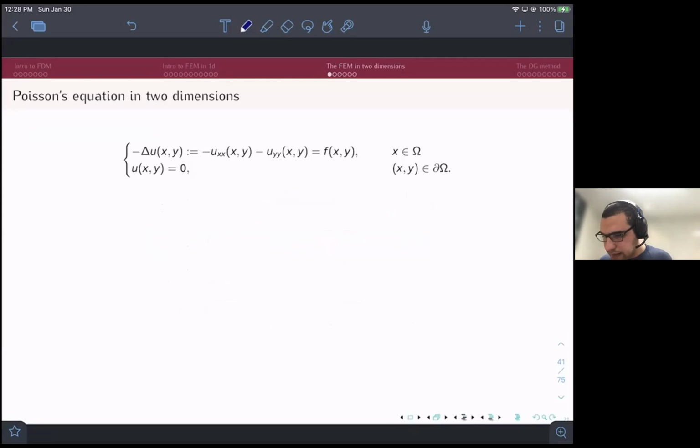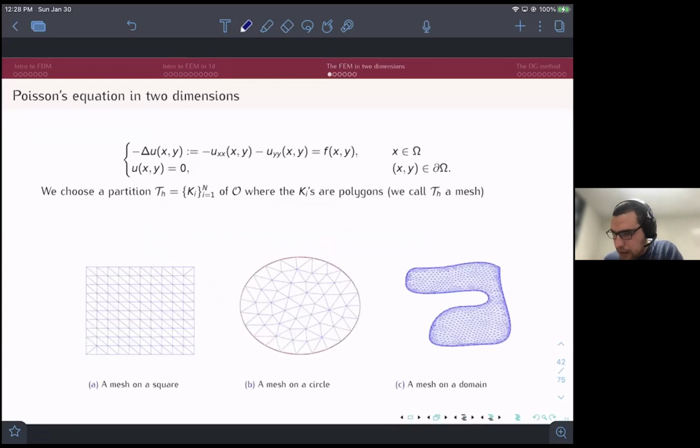So let's look at this in 2 dimensions. In 2 dimensions, same thing. I have negative Laplacian of u is equal to f, and u is 0 on the boundary. The cool thing about the finite element method is that we can handle a variety of domains.